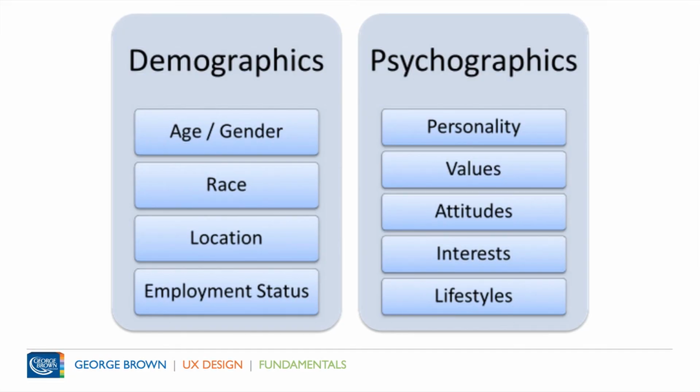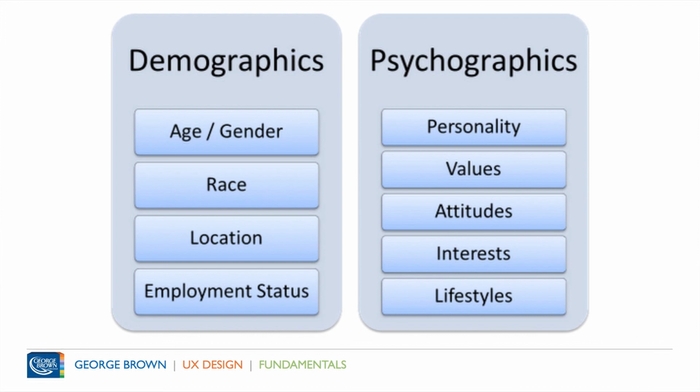Here are a few ideas to get the ball rolling. Demographics, as I mentioned, can include age, gender, race, location, employment status, and many others. Whereas psychographics include attributes of your personality, information about the user's values, specific attitudes, interests, or lifestyles.